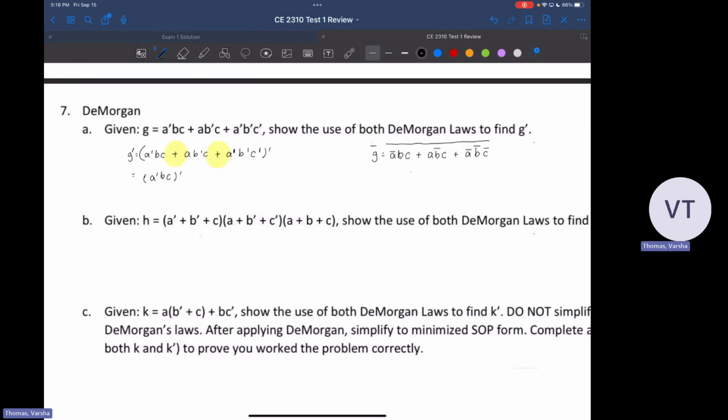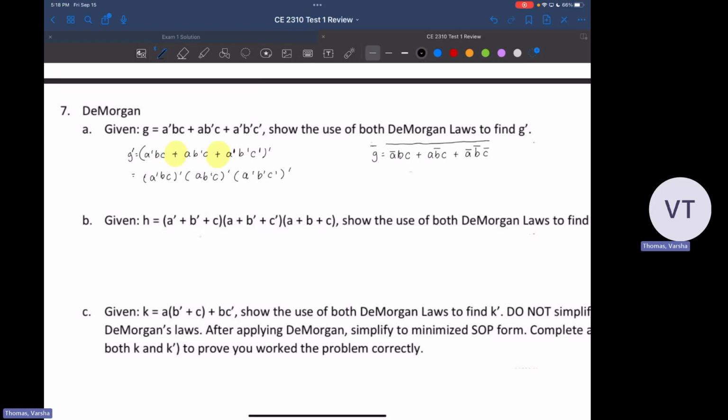Remember that we OR each term: A, B naught, C, ORed, and then A naught, B naught, C naught, all ORed. So we changed the connection where I highlighted, and then each little term we put a not at the end.